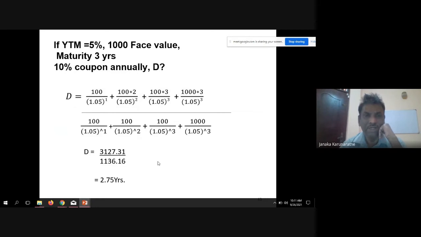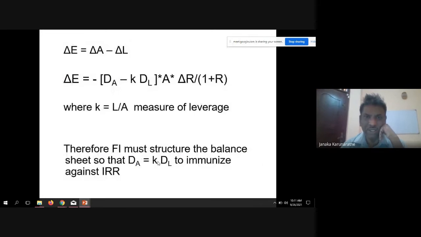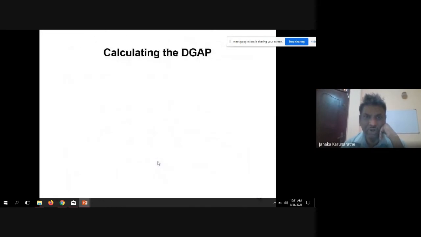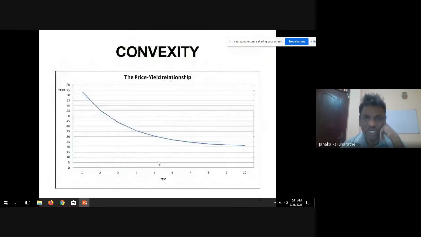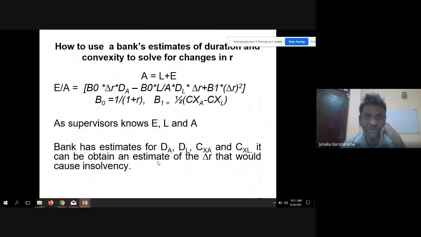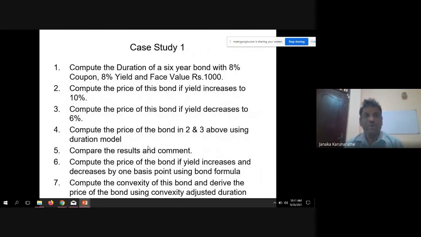So pretty simple. Can you all start working on that? Because otherwise, you will not understand how to do it. Because before moving to convexity, it is better we start with this. Compute the duration of a 6-year bond, only the first part.